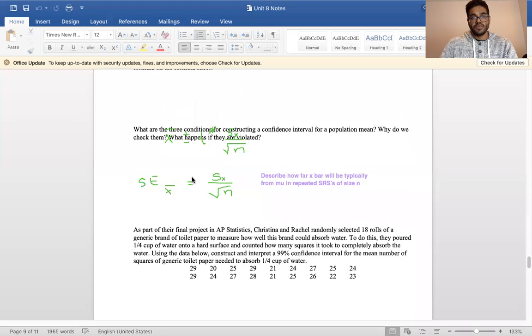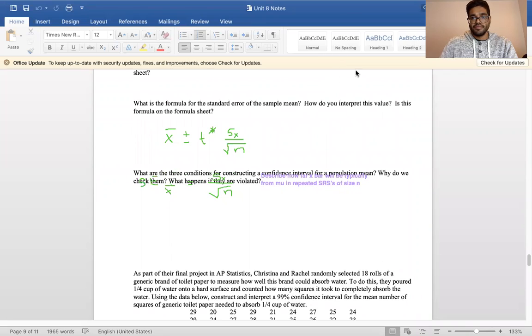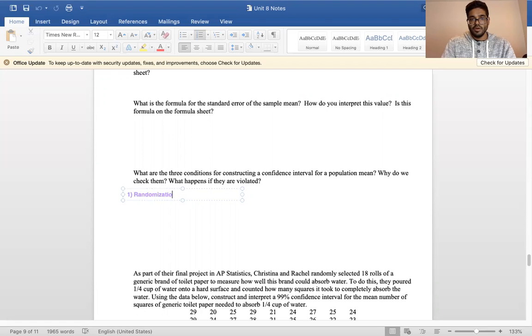All right, so what are the conditions we've got to check? The first one, randomization. This allows us to extrapolate to the greater population.